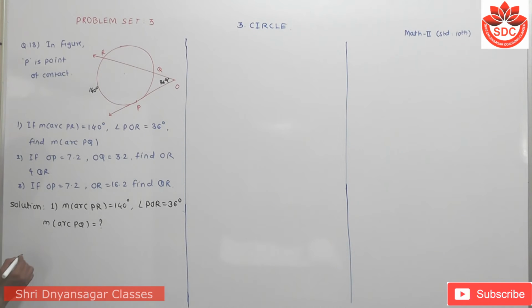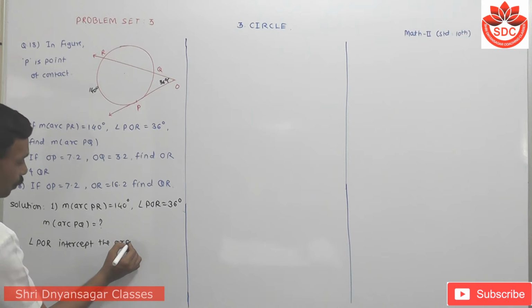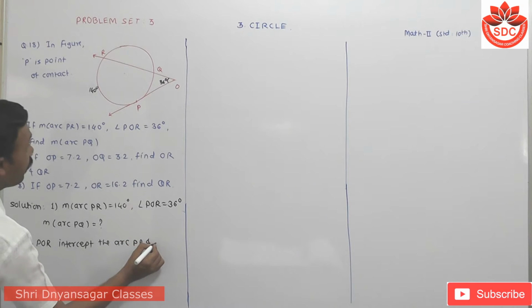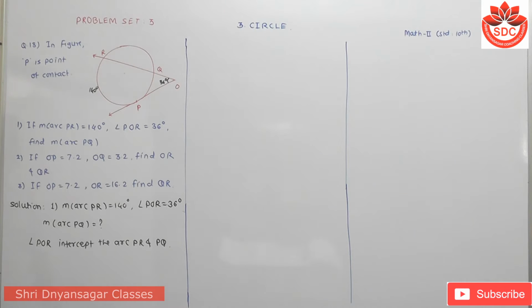So I have to write here, angle POR intersects the arc PR and PQ.